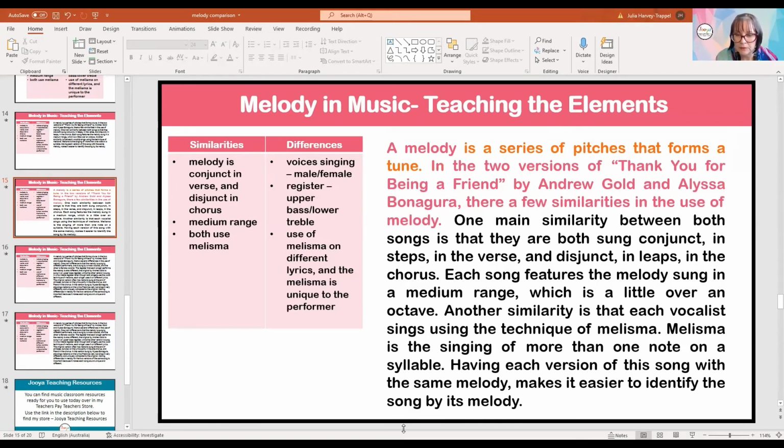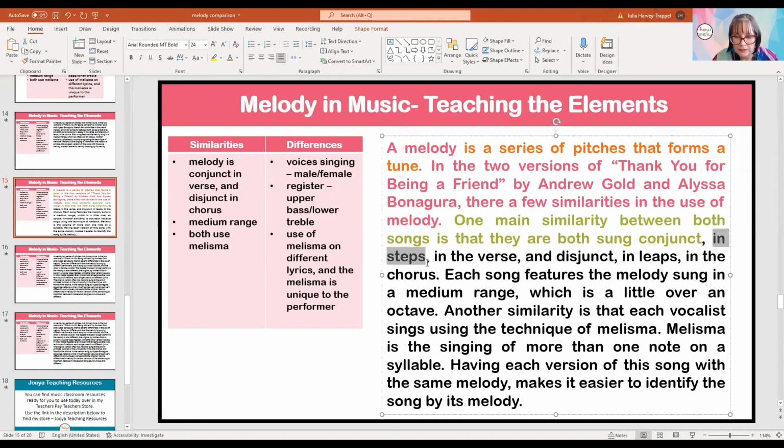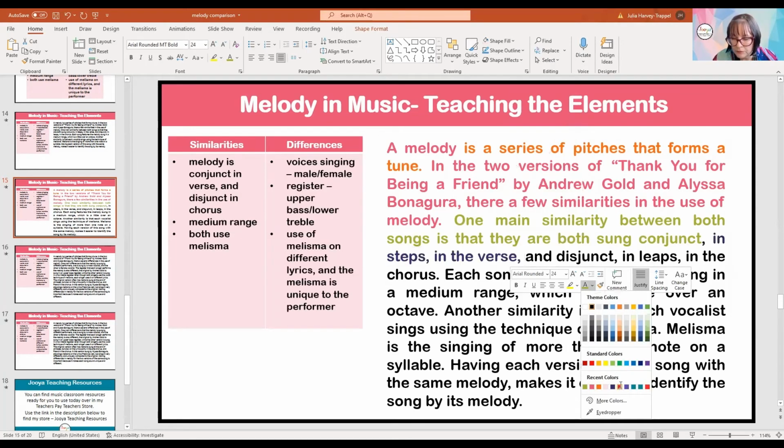So one main similarity is that both songs are sung. That is our sample. Each time I explain it, that means it's sung, sorry, it's conjunct in steps in the verse. So that's our in-depth information, which is going to be in red.